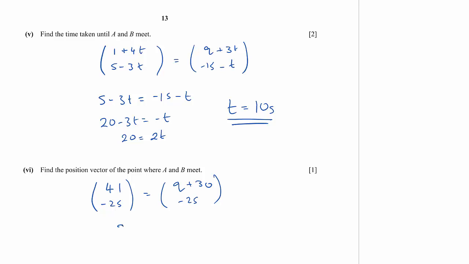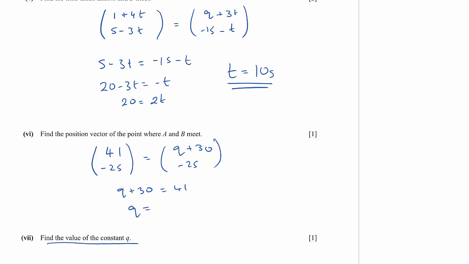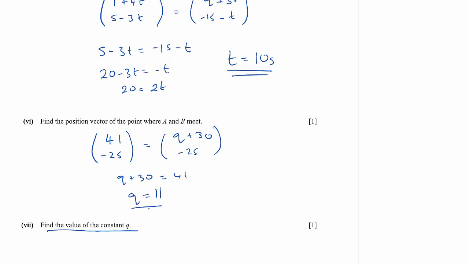So q plus 30 is equal to 41, which means that q is equal to, find the value of q, that's down there. So the position vector where they meet is going to be 41, negative 25, so 41i take away 25j.